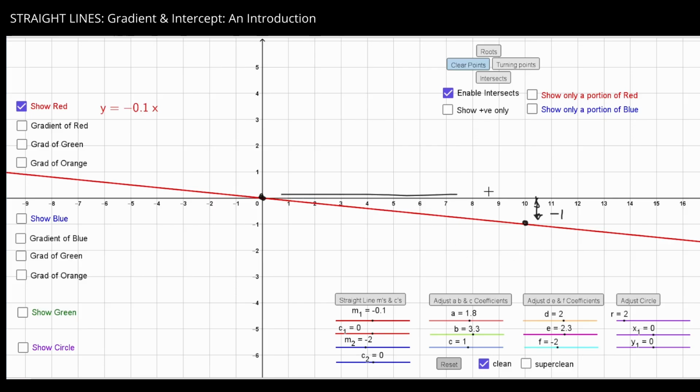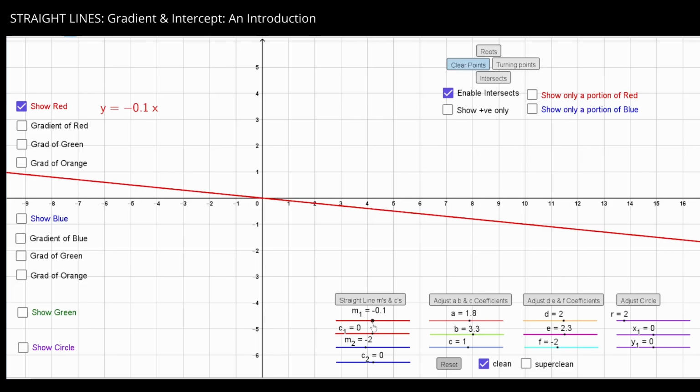And the run is all this distance here. From 0 up to 10, that's a journey of 10. So the gradient of this line is that fall of -1, or a negative rise, divided by 10. And that's where we get -0.1.